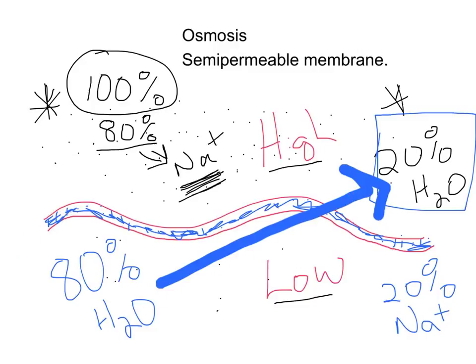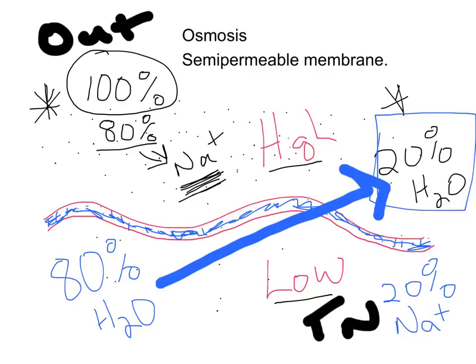If this side is out and this side is in, then water would move from inside to outside, because water's concentration is higher inside than it is outside.